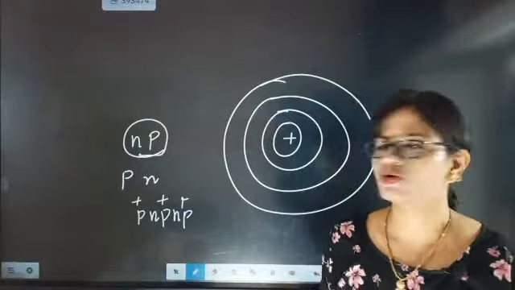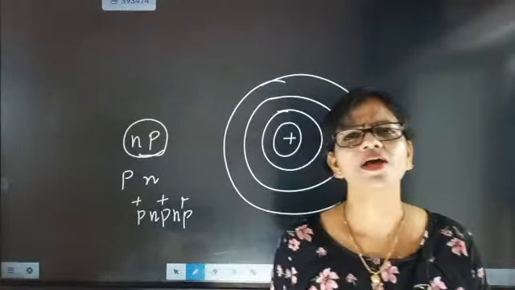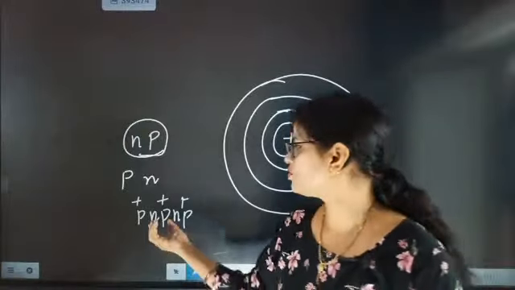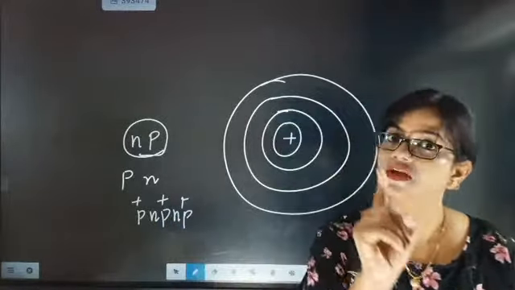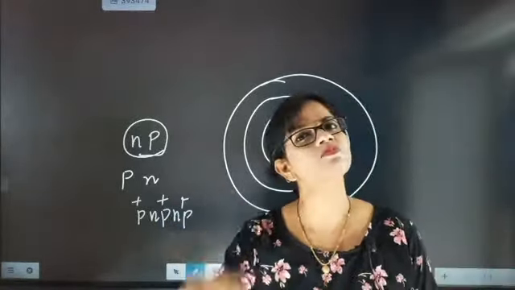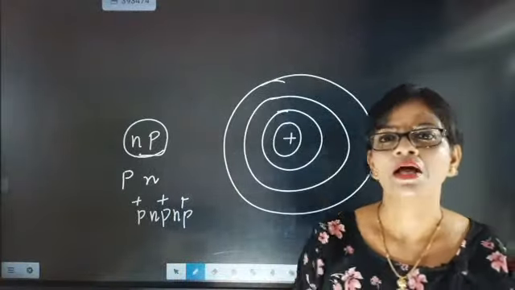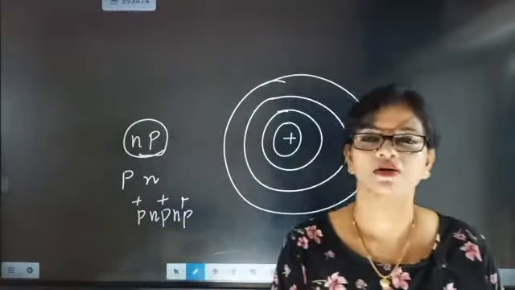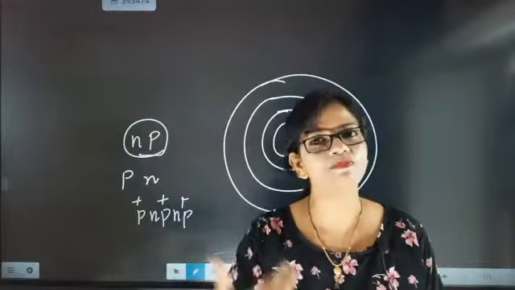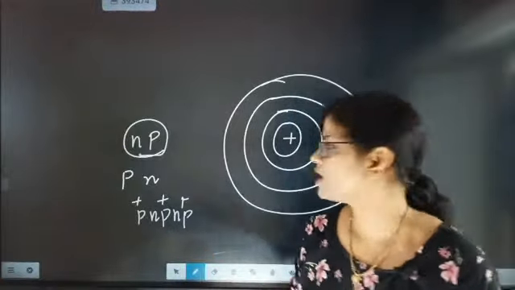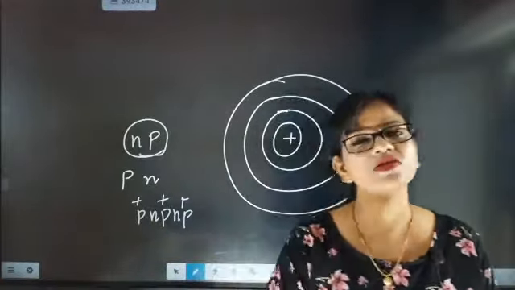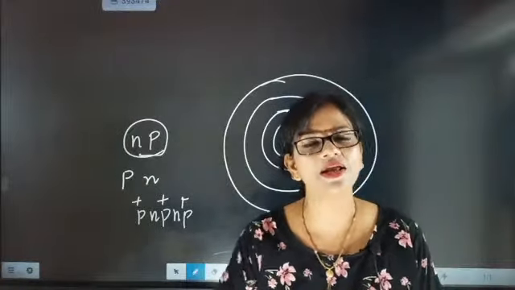Then you will ask, why between proton and proton will a neutron be there? The reason is that protons are positively charged, so they will have repulsion, because like charges repel each other. So inside the nucleus, the protons are going to repel each other.